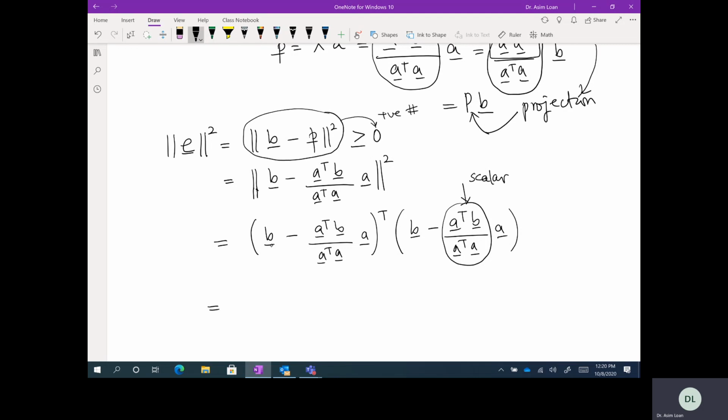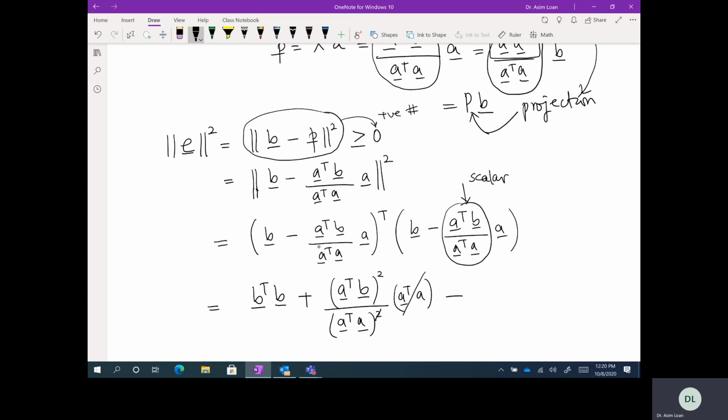If we expand this, B transpose B is B transpose B, minus, or this one into this one is plus, A transpose B whole square over A transpose A whole squared, and this is A transpose A, so this cancels with one of them.